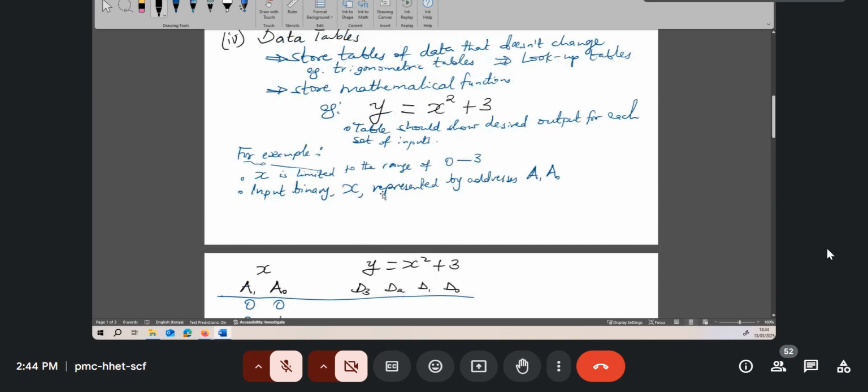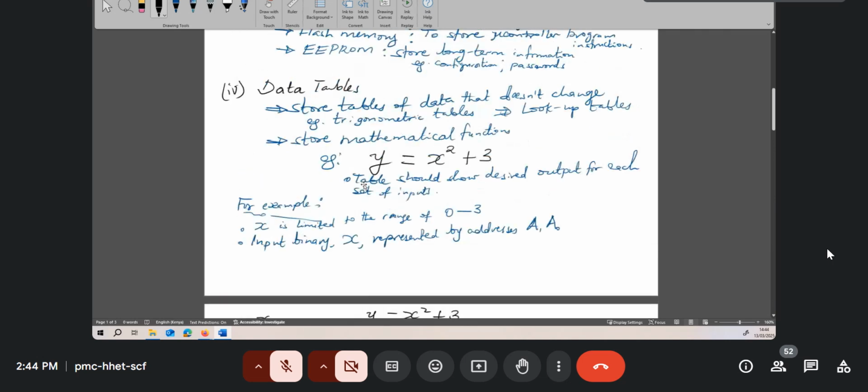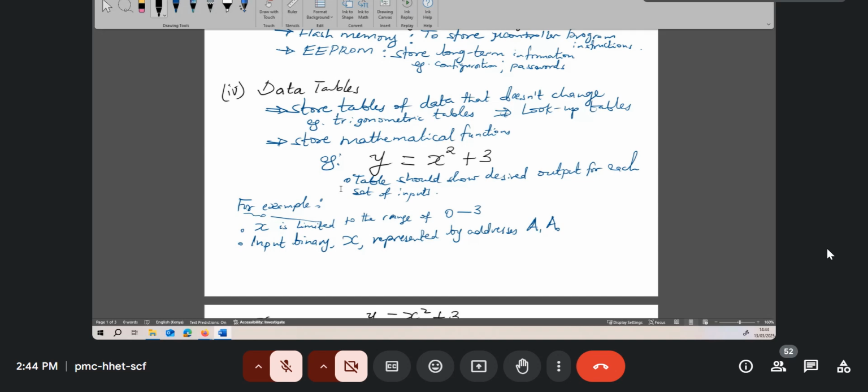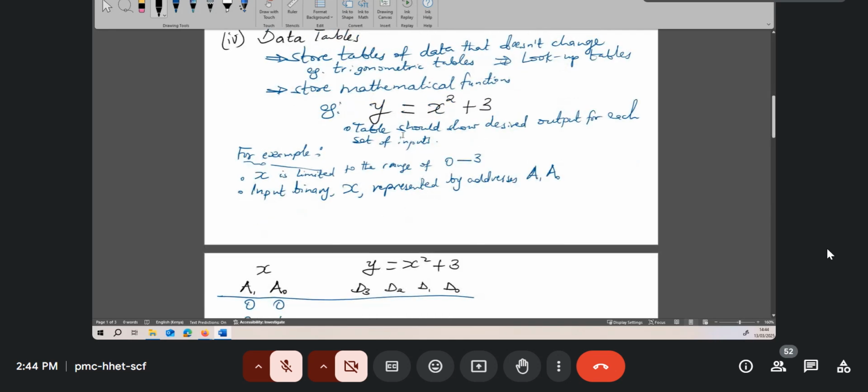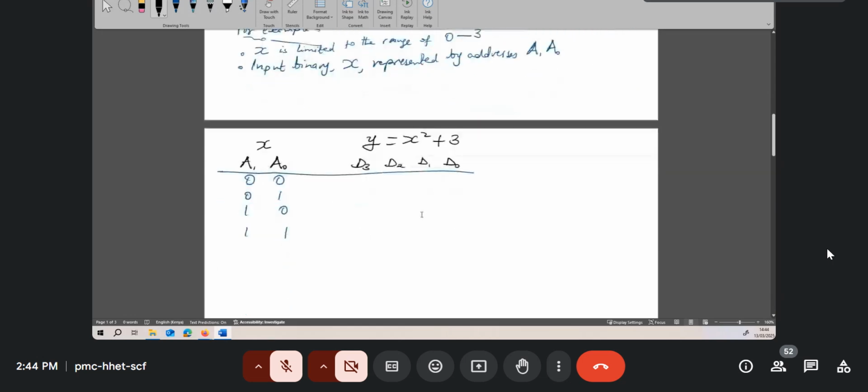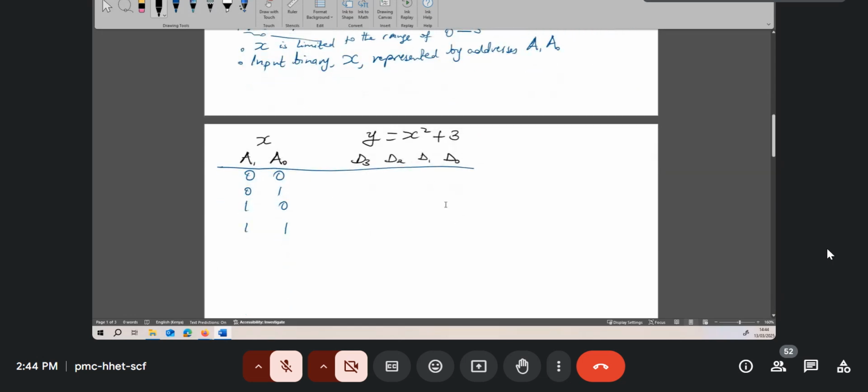Remember, this is just for illustration purposes. Of course, at the manufacturer level, probably that value of x could be as big as what makes sense as far as the memory is concerned. But for illustration purposes, we're just using this. So when x is 0, y is 3.